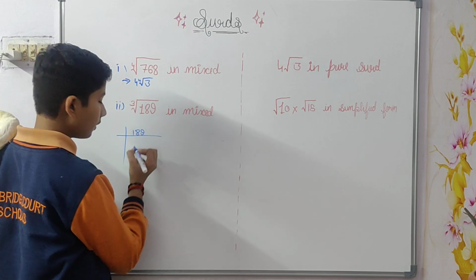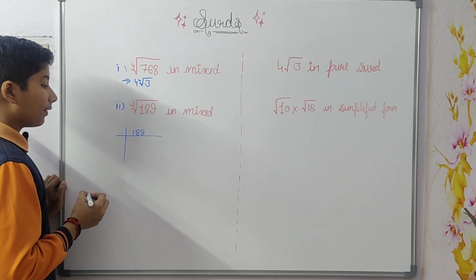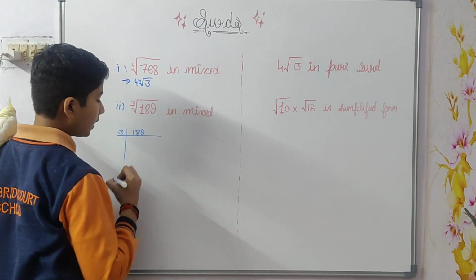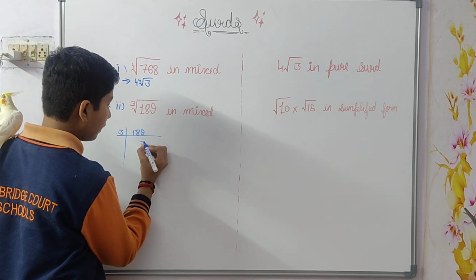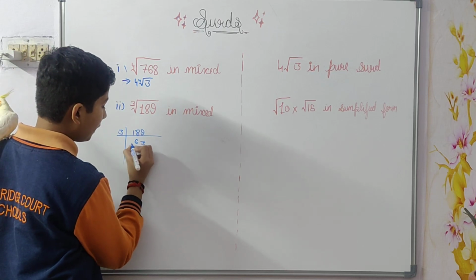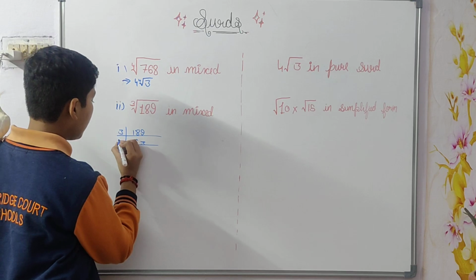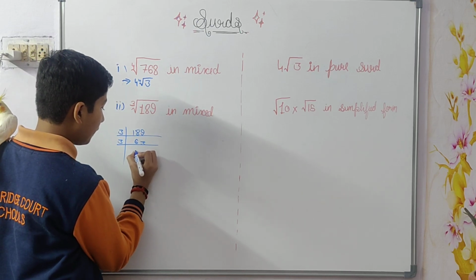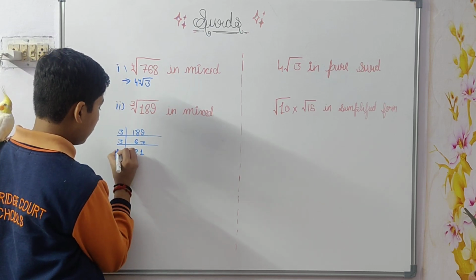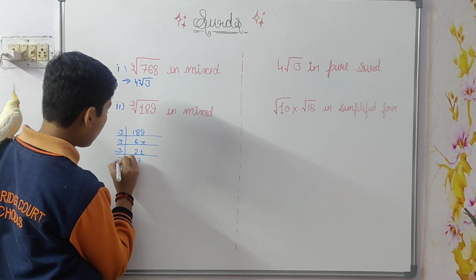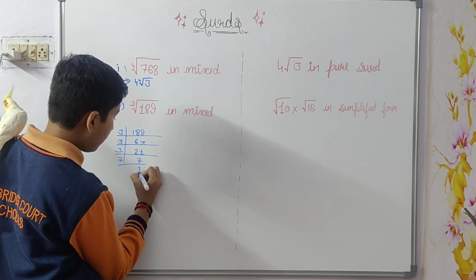Firstly it will be divided by 9. Yes, it will be divided by 3. 3 threes are 9, 3 sixes are 18. So 63. Now it will again be divided by 3. 3 twos are 6 and 1. Now 3, 7. Now 7 will be left.